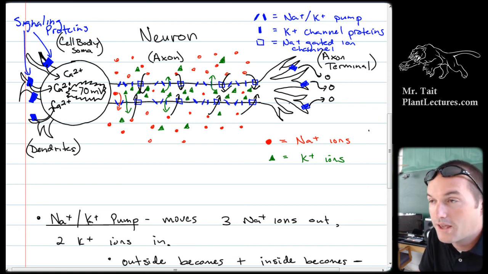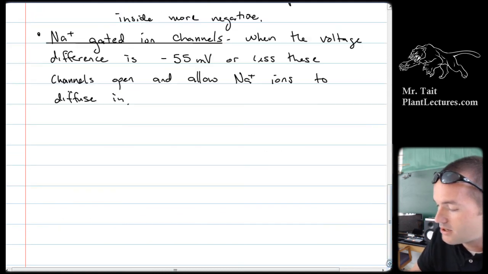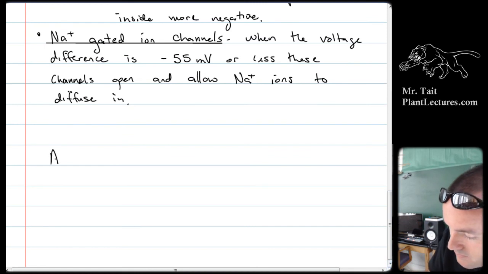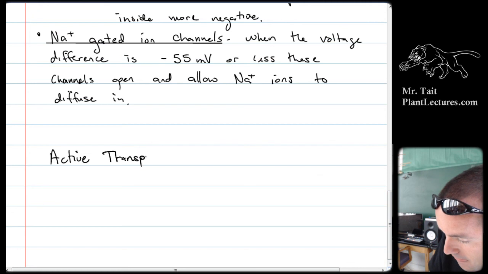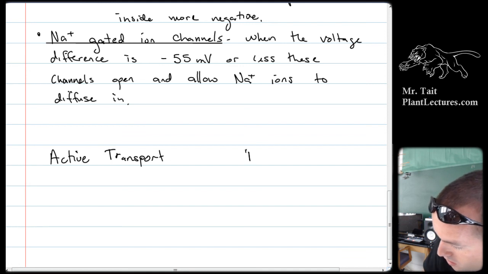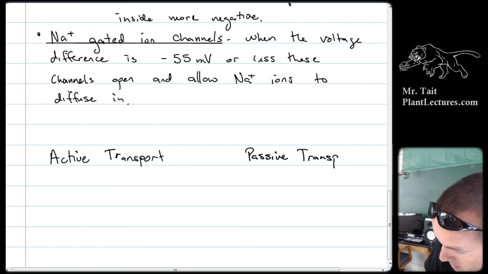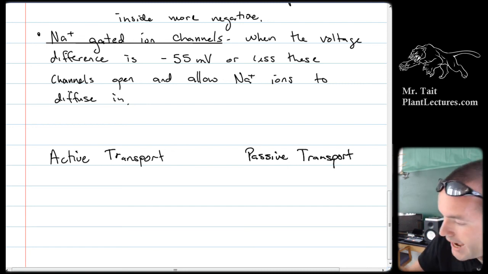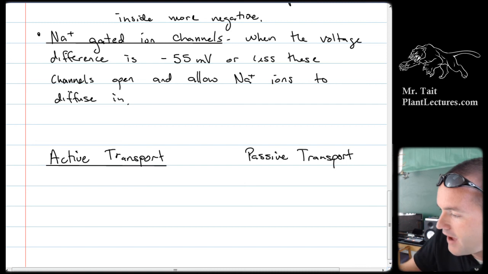Okay? So in order to get a neuron to function, a lot of things have to happen. Some of the stuff is passive transport, some of the stuff is active transport. So let's talk about the stuff that's active transport. There are two active transport events in the firing of a neuron.